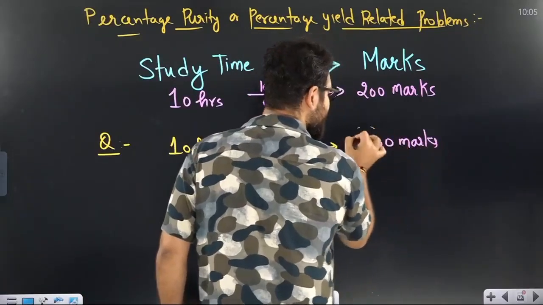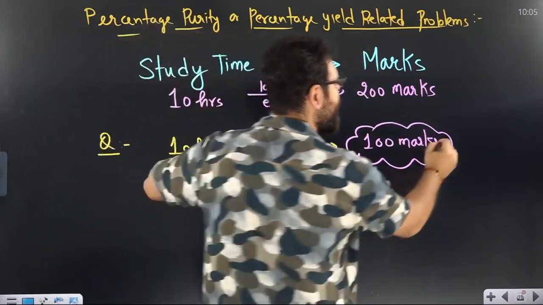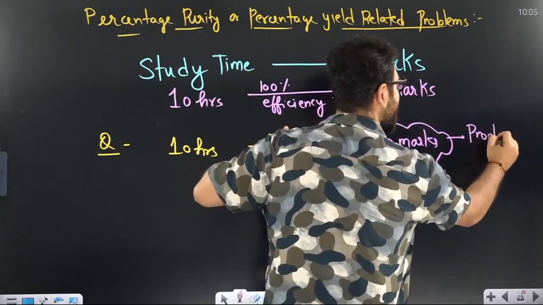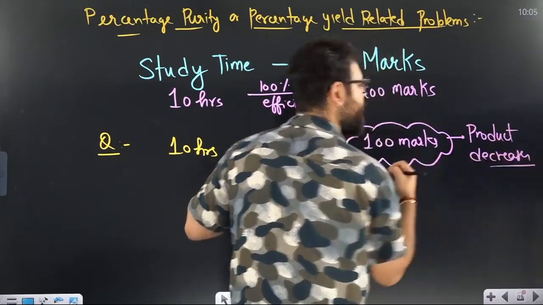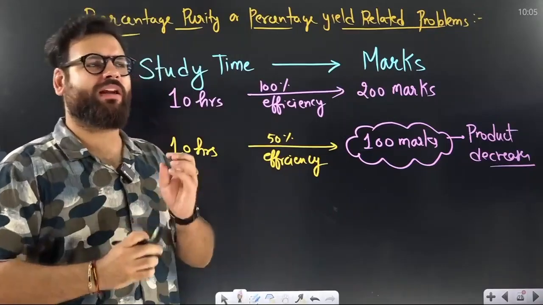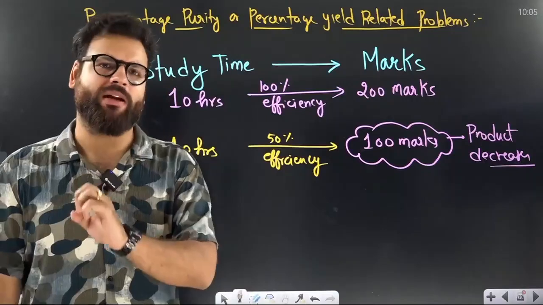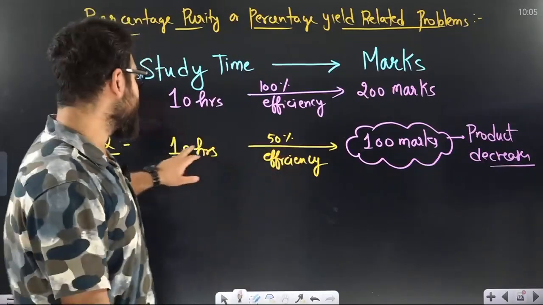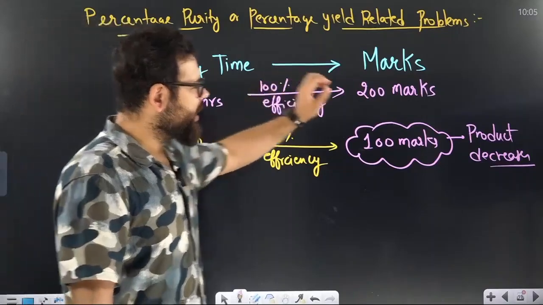So what is happening here is, due to any problem in efficiency, the product decreases. Can you remember this now? Product decreases. Can I say the product will always decrease? Whenever there is a problem in efficiency, whenever the reaction is not able to occur properly, whenever you are not studying with 100% purity, then your marks will decrease.